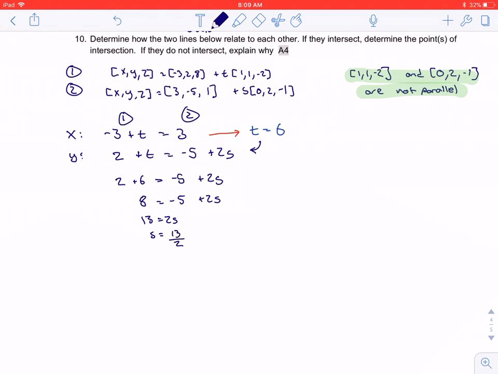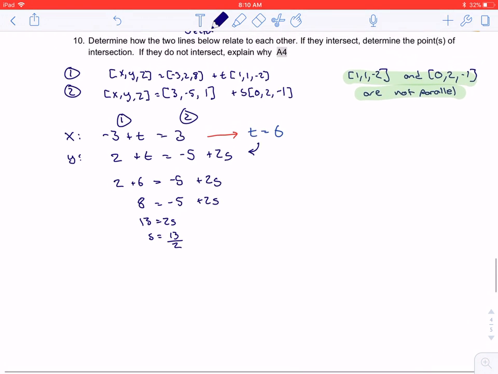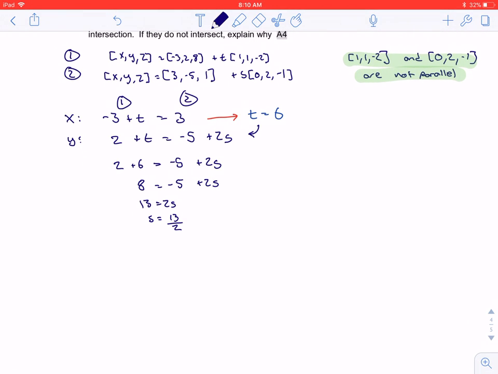Okay. So once I have t and s, what I want to do is now check z. Okay, so z is going to be 8 minus 2t is equal to 1 minus s.